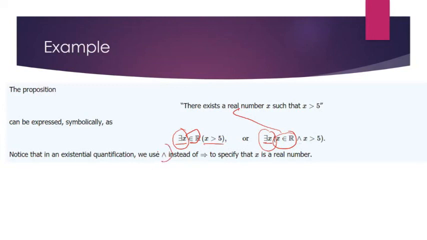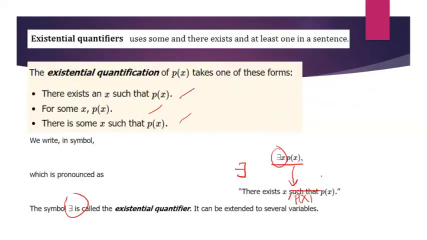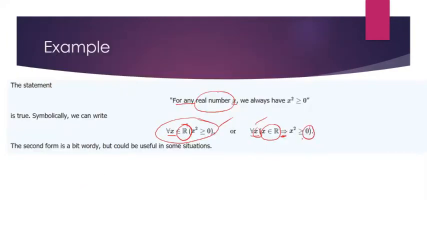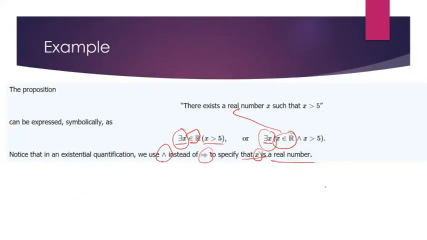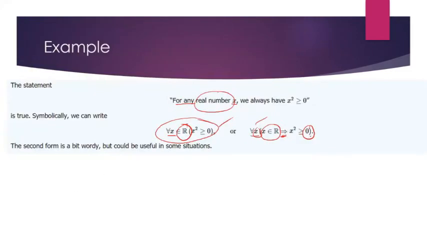So, we use n instead of this to specify that x is a real number. Okay? So, as you can see, hindi kasi natin in-include dito sa previous slide, included si 0 kasi pwedeng equal or greater than 0. Ito, greater than 5, kaya n ang gamit natin. Okay? So, hindi included si 5, kaya n. Okay? So, dapat mag-follow ka talaga sa instruction nito. Ito, mas considerate siya. Sinali niya si 0.